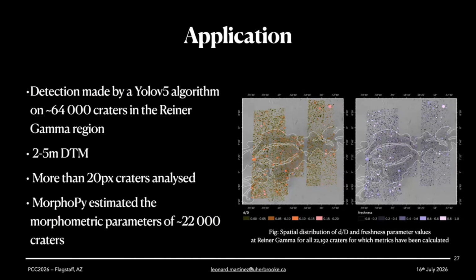In 2 to 5 meter DTM, we took a threshold of 20 pixels, as Stuart explained, in order to be sure that our measurements are accurate. That's why Morphopile estimated the morphometric parameters of only 22,000 craters in the area.